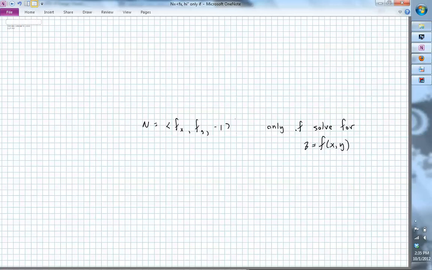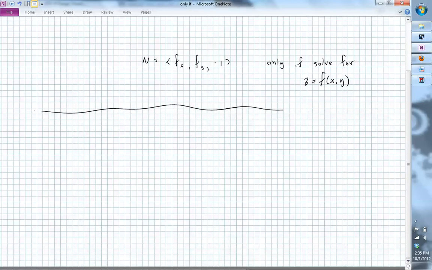Okay. Today we get into the directional derivative. And we'll introduce something called the gradient operator, which will be your friend throughout the remainder of the semester. The scenario that I want you to start imagining in your head is one that we've talked about before.